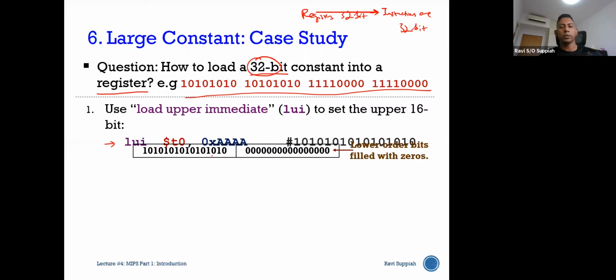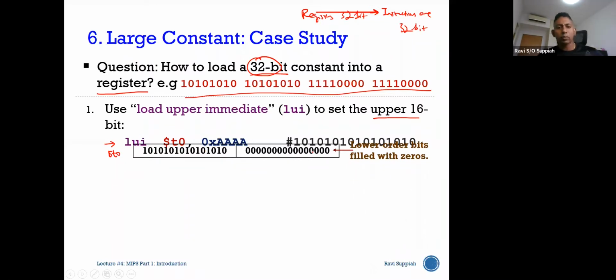This is my T0 register, which is 32 bits. I'm going to load only the upper 16 bits first with one instruction, and that is where the LUI instruction comes in. When I do this LUI instruction, the processor also makes sure that the lower 16 bits are all zero.